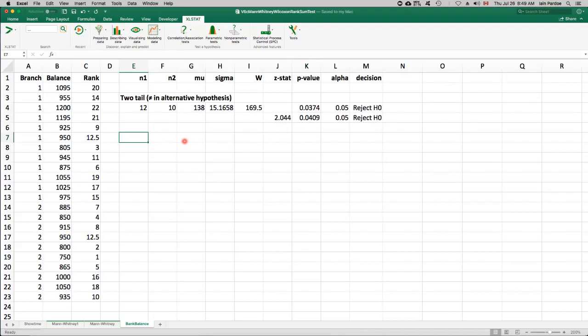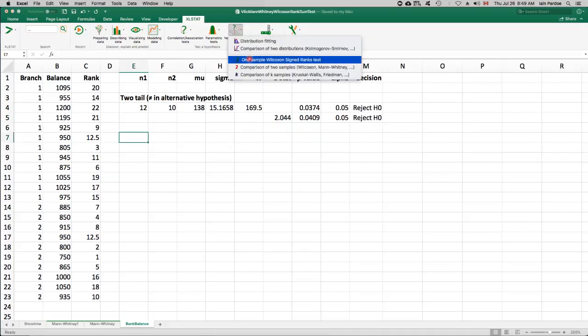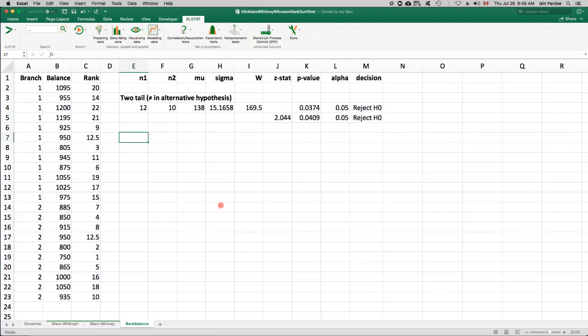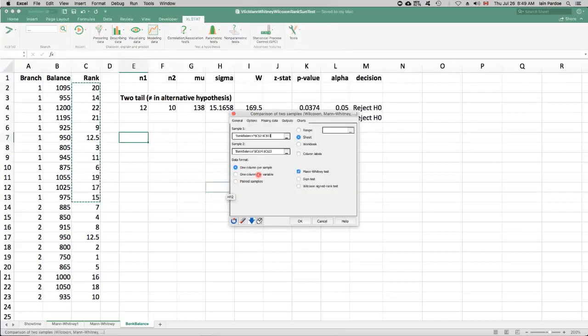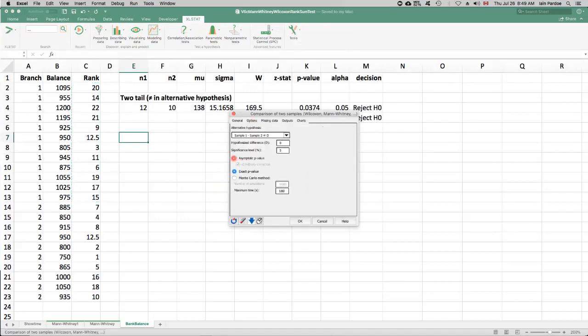We can actually do that in XLSTAT as well. Get the approximate p-value, which is called an asymptotic p-value. So same setup for the samples, but under options, we'll select asymptotic p-value. And you can see here, you can apply a continuity correction or not, and so we will.